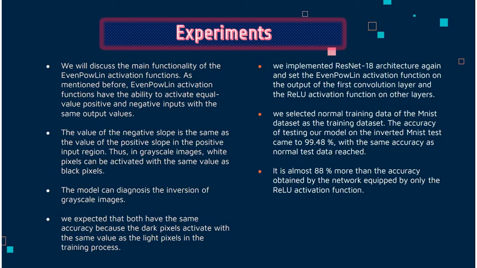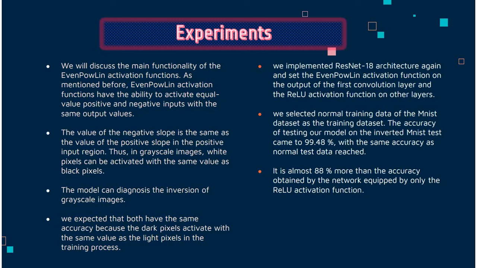So in grayscale images, white pixels can be activated with the same value as black pixels. We want to compare this with another experiment where we again implemented ResNet 18, and set even polylinear activation function on the output of the first convolution layer and ReLU on the others.